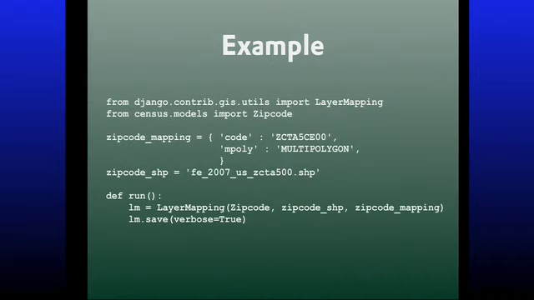With shapefiles in particular, they can sometimes say they're polygons, but they're really multi-polygons. So this one, I say that it's a multi-polygon. And then you just pass it into layer mapping and tell it to save. There's a lot more keywords that you can use and tweak, but this is just a dead simple example. And it'll import all the data and put it into your spatial database.